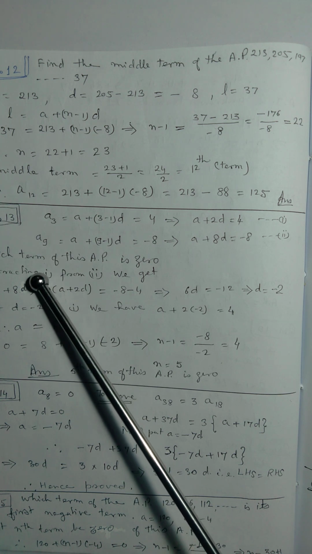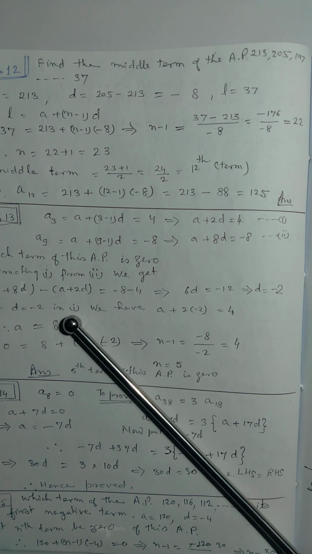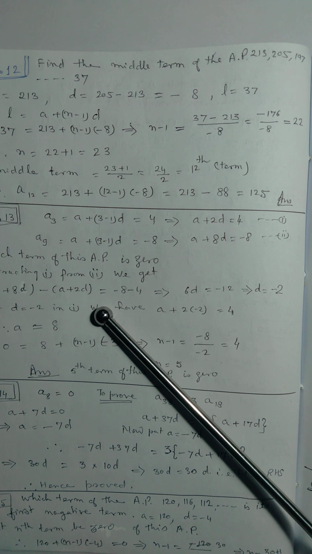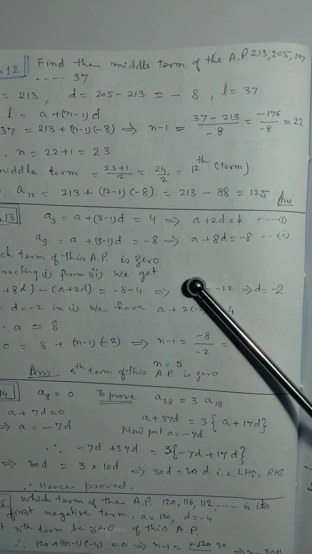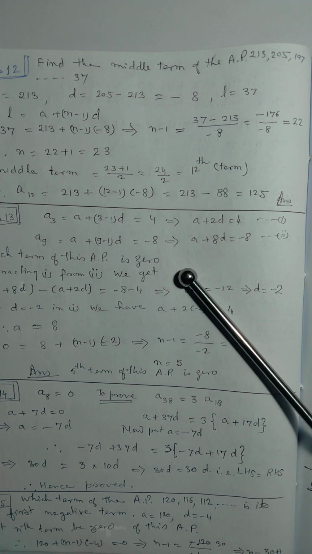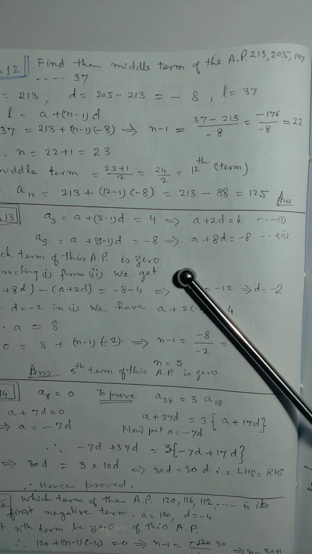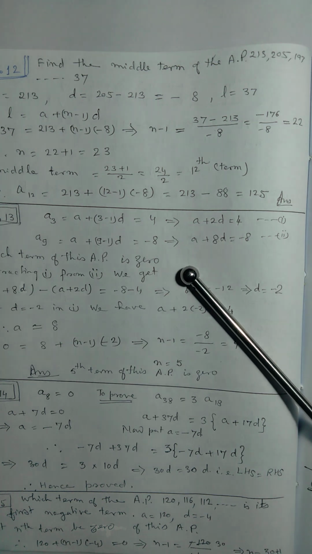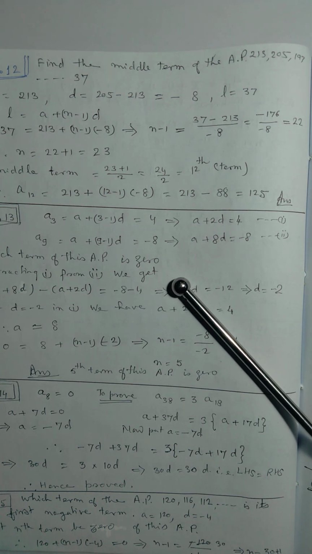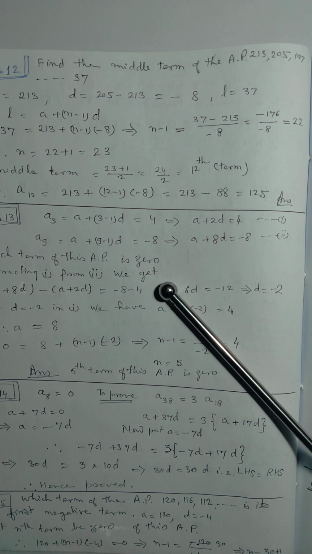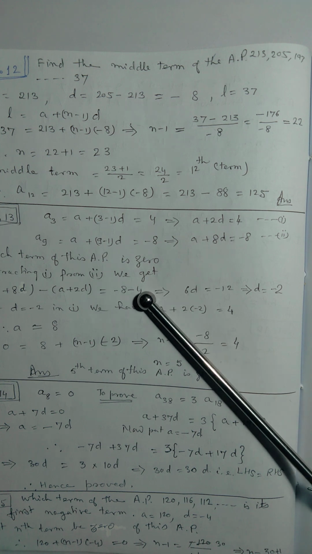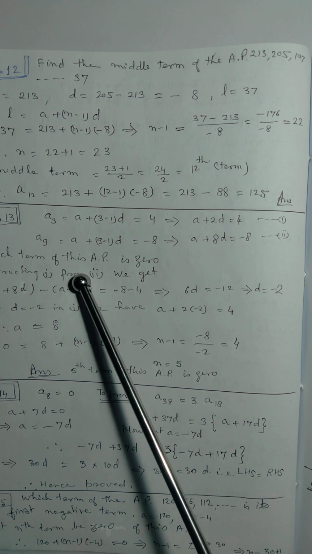Now proceed to question number 13, which states that if the third and the ninth term of an AP are 4 and minus 8 respectively, then which term of this AP is 0? We have to find the term which is 0.